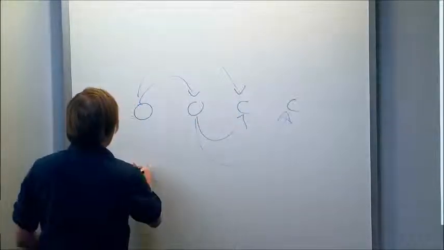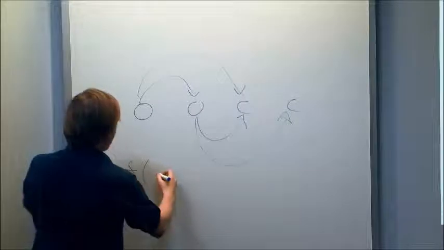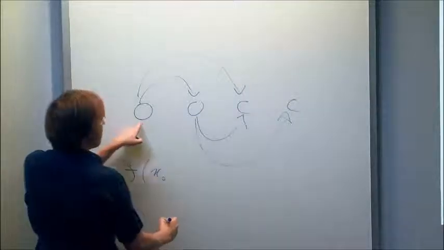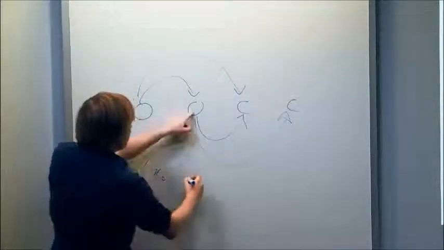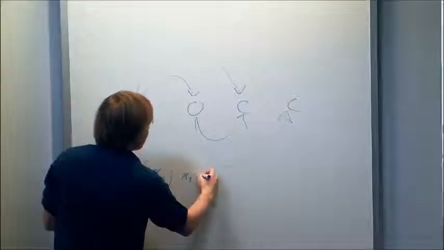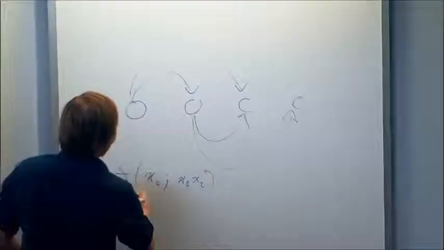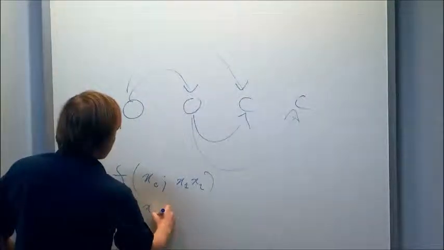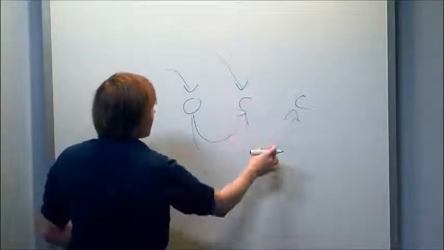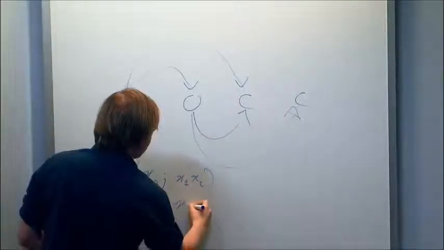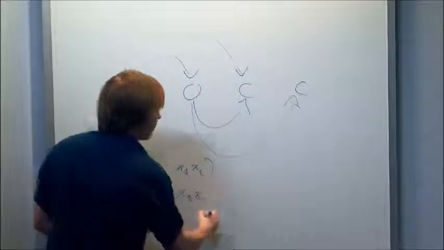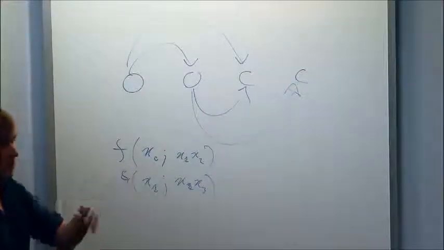So for instance, the fitness of x0 here depends also on what's put into x1 and x2. And then the fitness of x1 depends on what's put into x2 and x3. And your overall fitness is then calculated as a sum over these interactions, right?